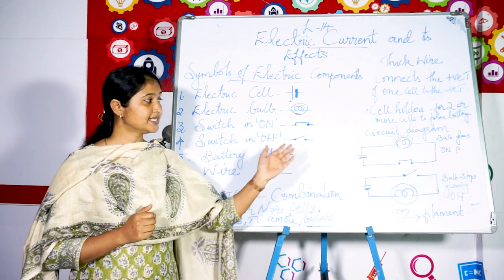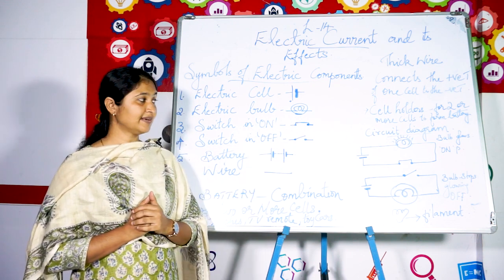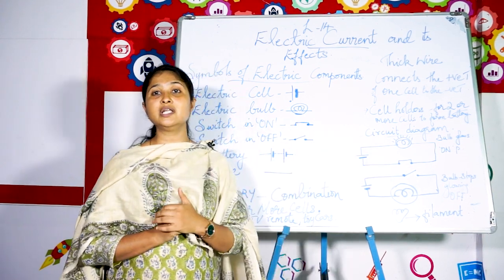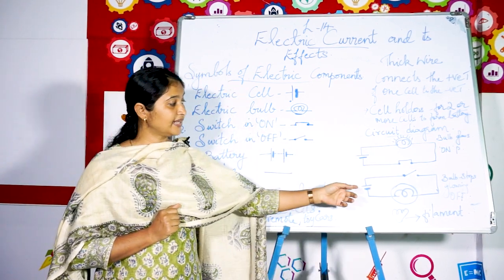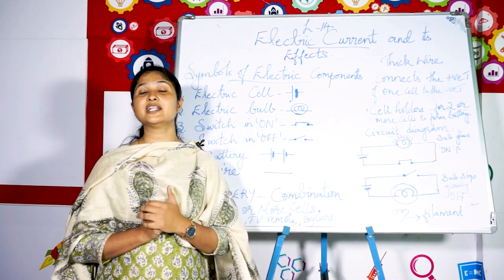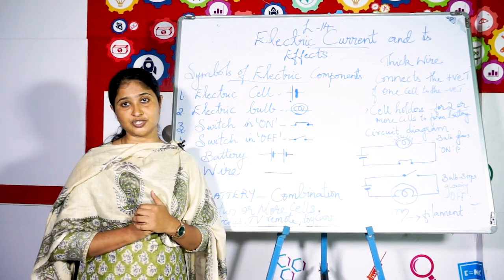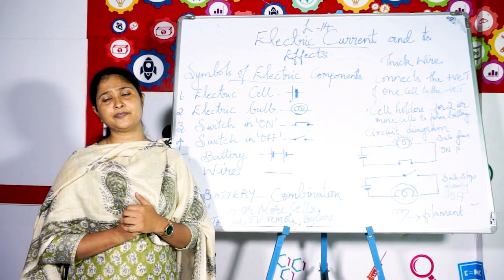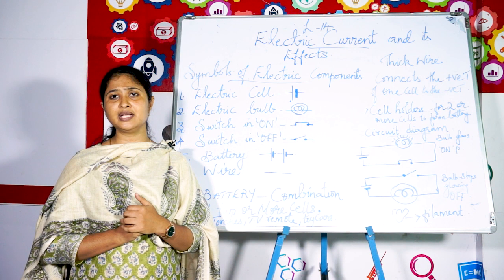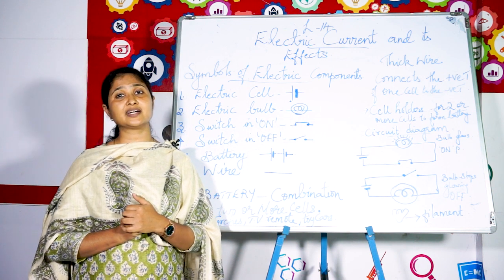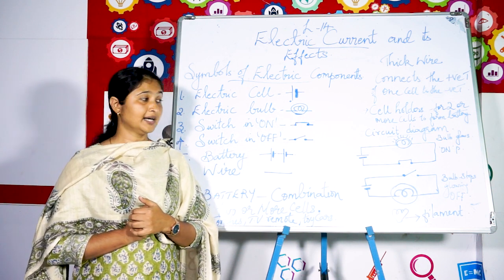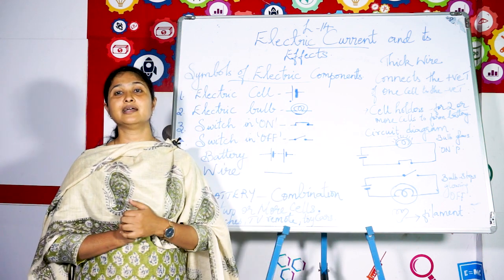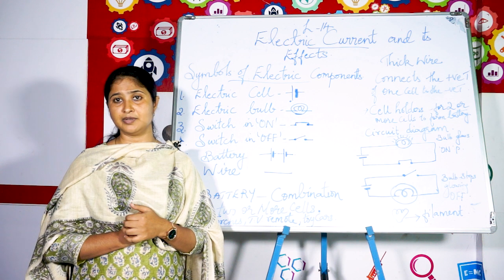Next, the circuit diagram. The bulb glows when the switch is in the on position, and the bulb does not glow when the switch is in the off position. I told you the bulb will emit heat while glowing, and the heating effect of the current we will see in the next class. And I told you the filament is responsible for the glowing of the bulb.